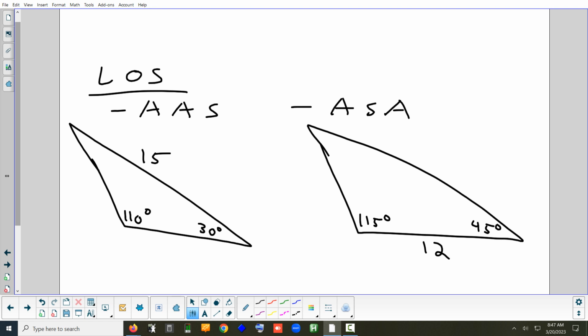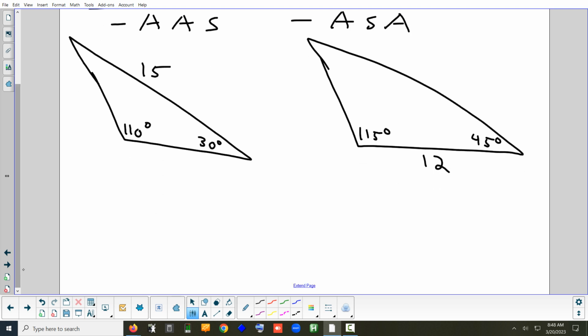Okay, the third case, this is the one we're going to spend the rest of the time on today. We started it, but we didn't do the other couple things that can happen. That is side-side angle. So the big difference with this one is you're starting with 2 sides instead of 2 angles.